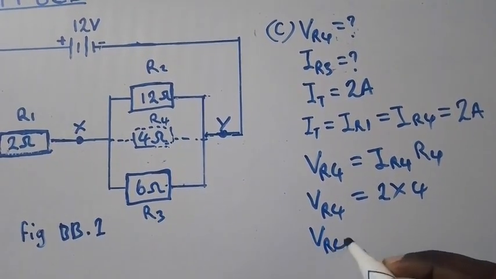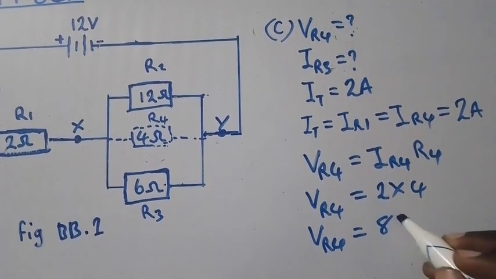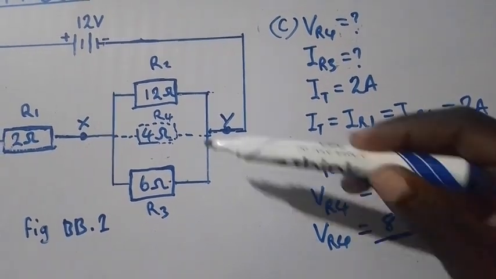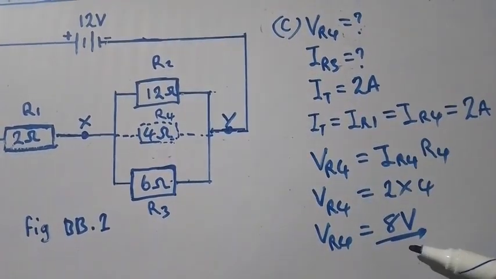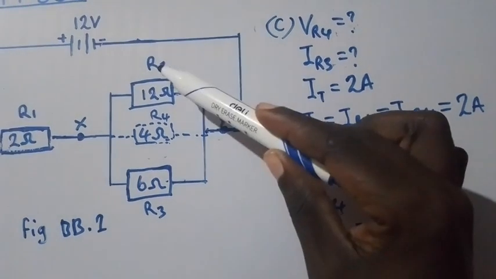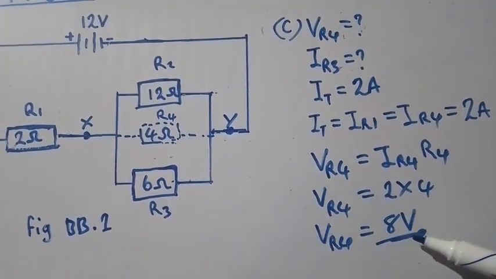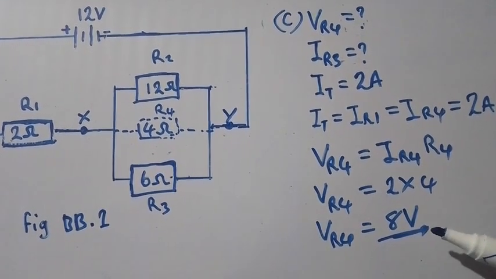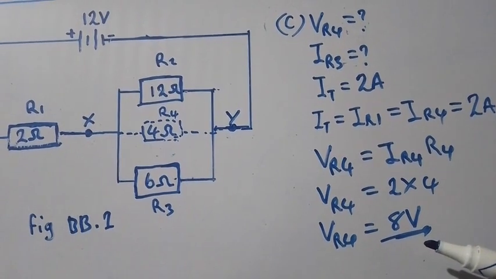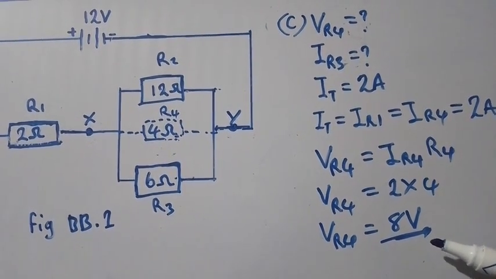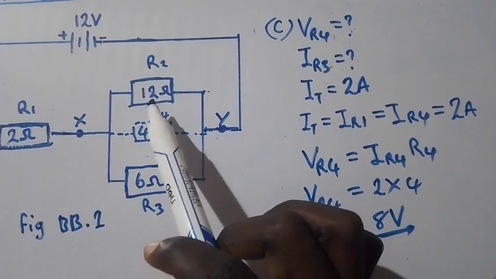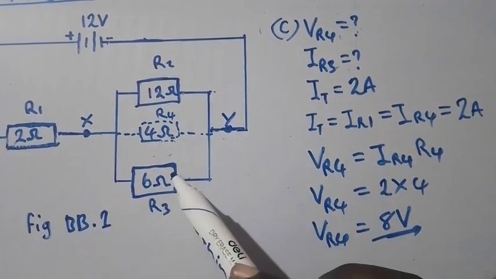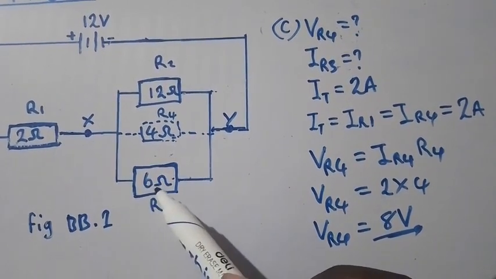So the voltage drop will be equal to 8 volts. Which means R2 and R3 were sharing 8 volts. And remember, when the resistors are connected in parallel, voltage does not change. So the voltage drop through resistor 2, which is 12 ohm, will be equal to the voltage drop through resistor 3, which is 6 ohm.